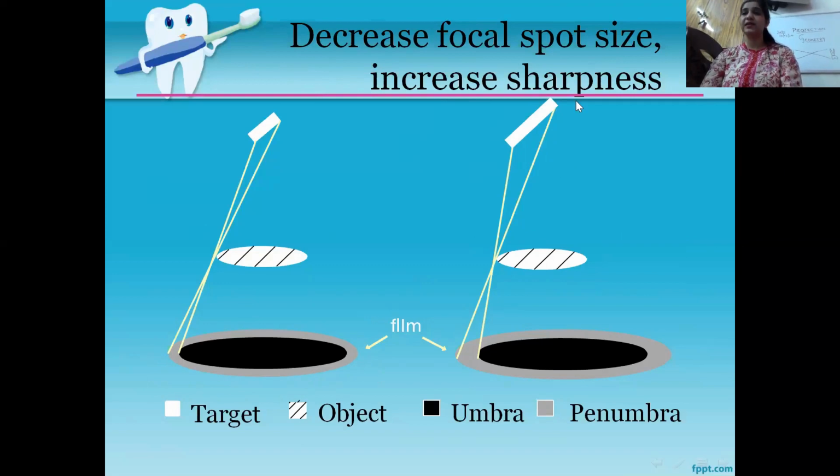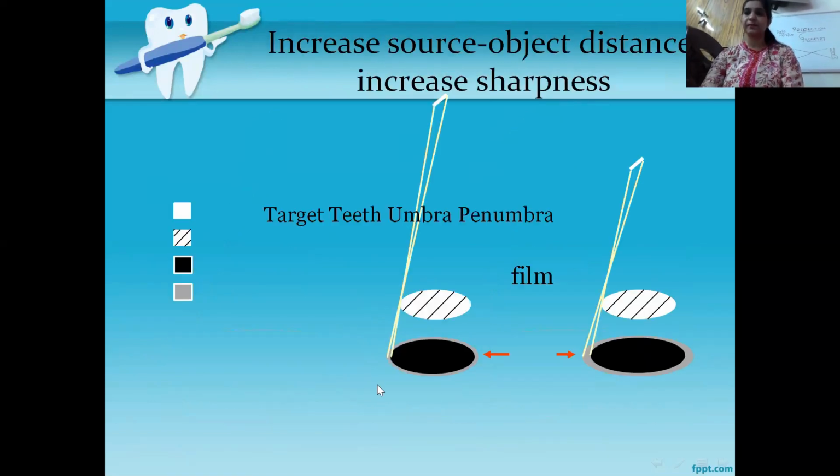And over here we can see a larger focal spot size, and the edges have a larger penumbra, that is the unsharpness has increased, and the shadow is less, so it will not be very sharp. So the sharpness with this type of focal spot will be compromised because it is large in size.